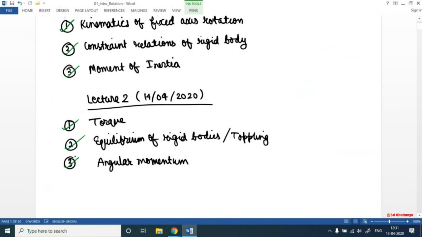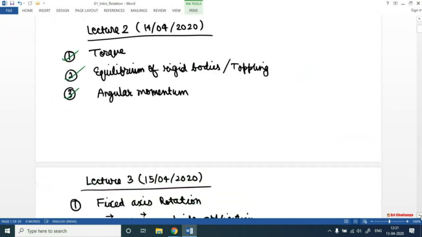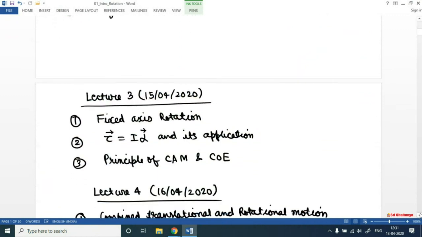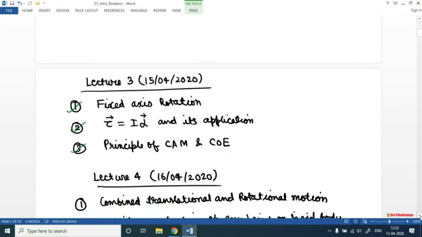In the third lecture we will talk about the dynamics of fixed axis rotation, the famous equation tau is equal to I alpha and its application, and we will cover the principle of conservation of angular momentum and conservation of energy as well.